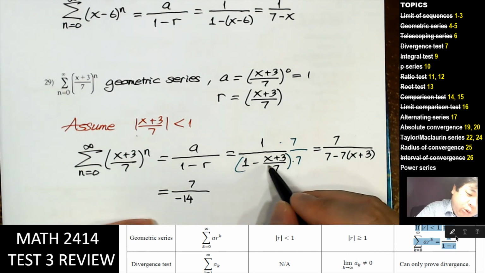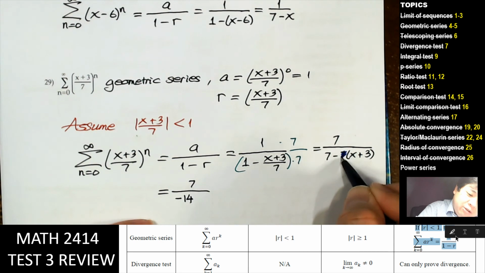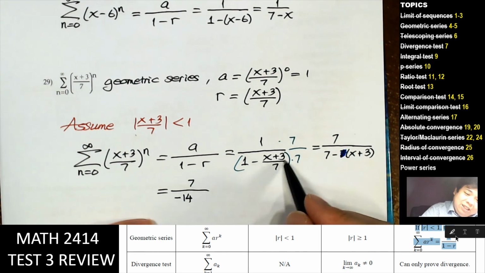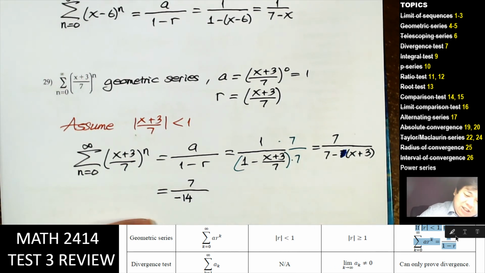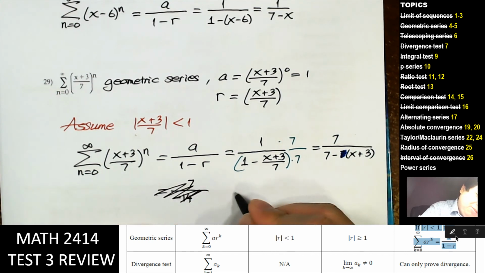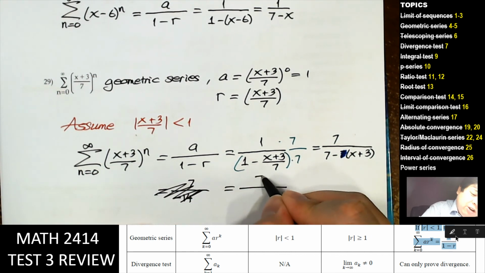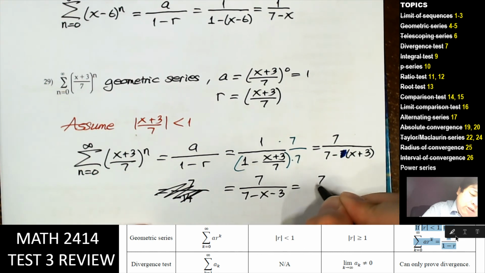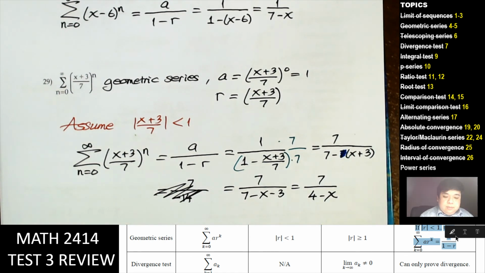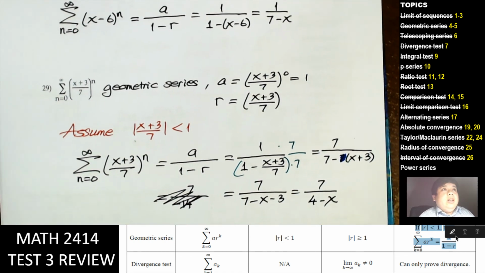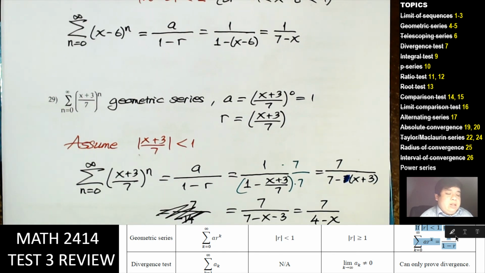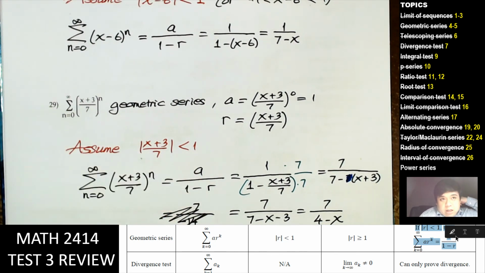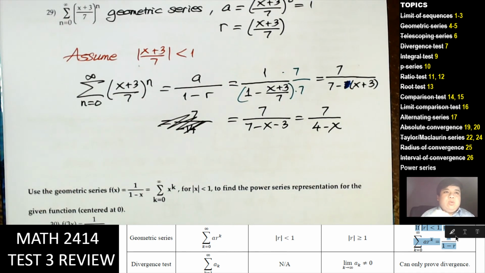Sorry, when we multiply like that, the 7 cancels out, only the 7 on the top remains. So it's 7 over 4 minus x. Because it is a geometric series, the sum is equal to the first term divided by 1 minus r, and that's what we have.